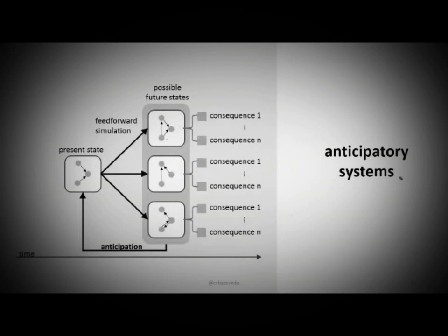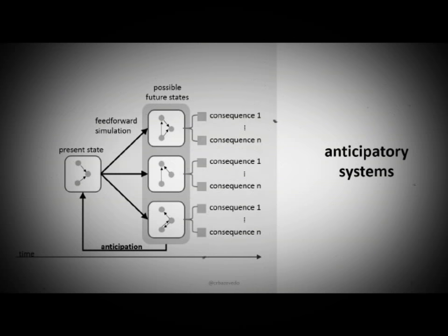And so in order to deal with such sequential decision-making problems subject to multiple conflicting criteria, we are proposing here to model and work with the concept of anticipatory systems. So what's an anticipatory system? It is a system that is able to simulate possible future states of itself.